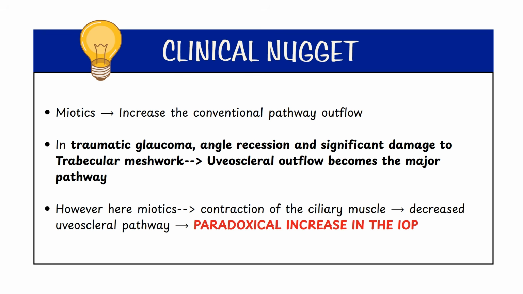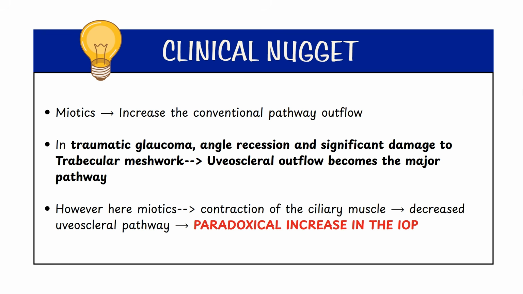Usually we know that miotics increase the conventional pathway or the trabecular pathway outflow. Alright. However, in case of traumatic glaucoma, or angle recession, or when there's significant damage to the trabecular meshwork, it's the uveoscleral outflow which becomes the major pathway because the trabecular meshwork is already damaged.